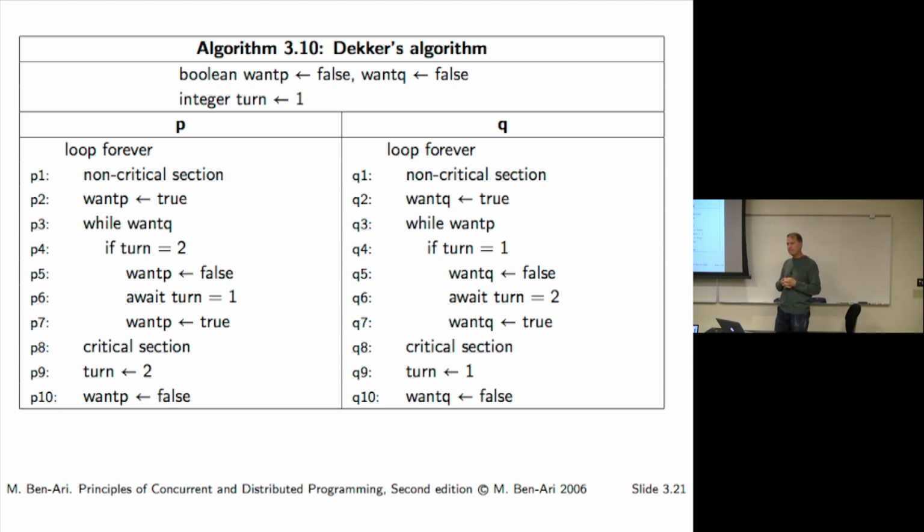Would it be really bad to just have it so that if they are both trying to get in, P always goes first? That was our very first attempt. Oh, so it always goes first. Right. Then there's a high chance of starvation.